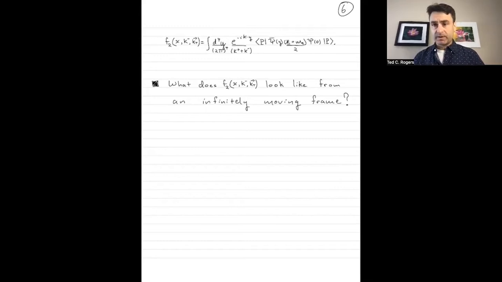So we probably want to define this in a frame where the proton is moving very quickly, maybe not actually infinitely, but moving at a very, very close to the speed of light rapidity. So maybe not infinitely, but nearly infinitely moving frame.